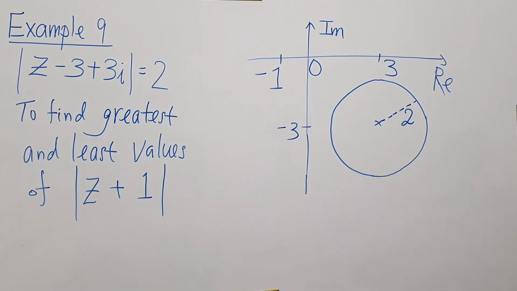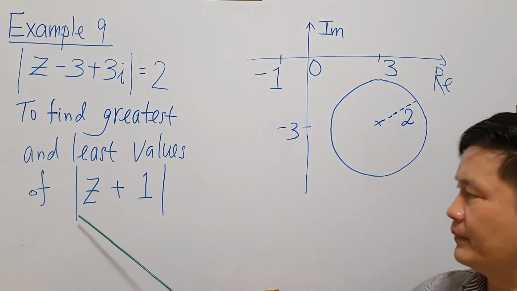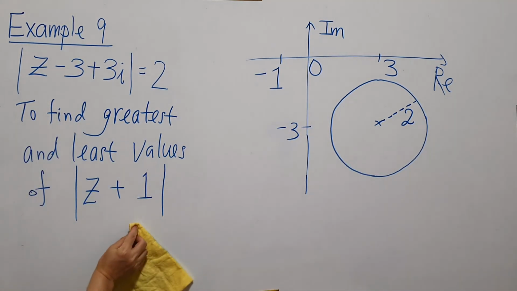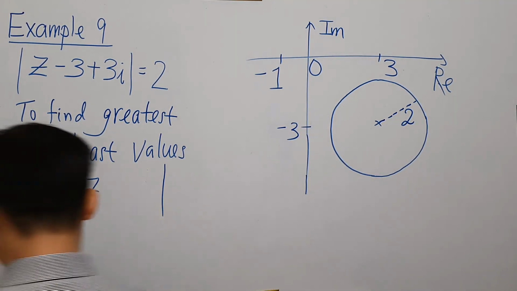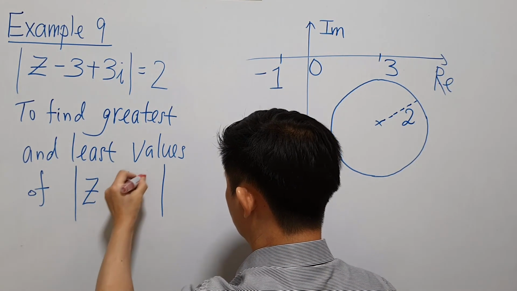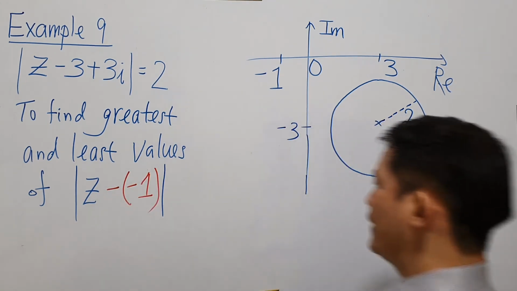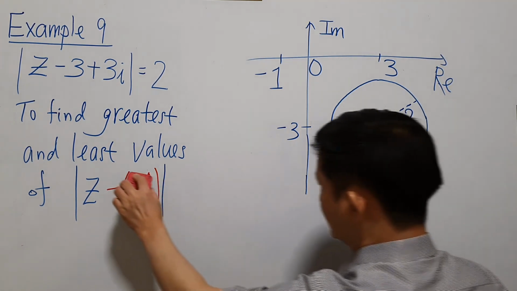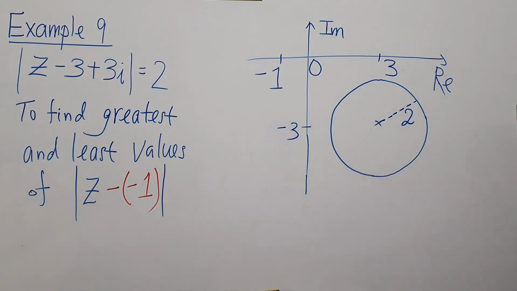Okay? Now, this question is not just simply drawing the locus. In this question, you are interested to find out something about this quantity. To find out about this quantity, you want to realize that if I were to rewrite this, it will become... if you were to rewrite this manner, you will realize that this quantity has a geometrical meaning.